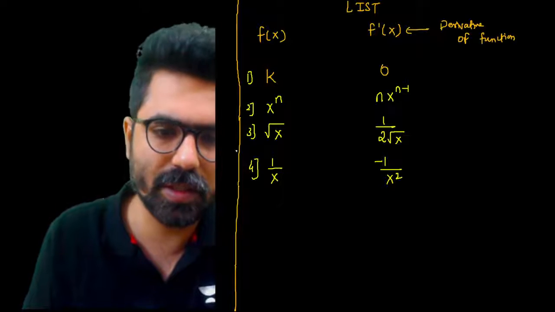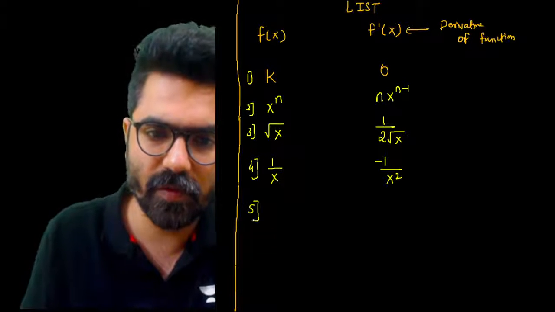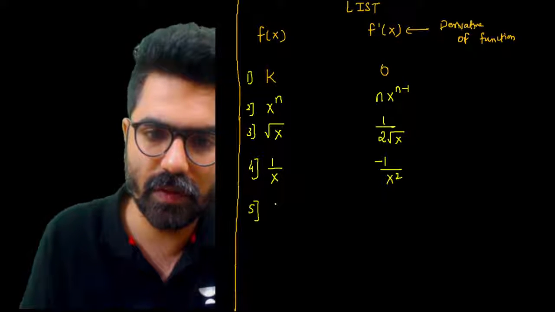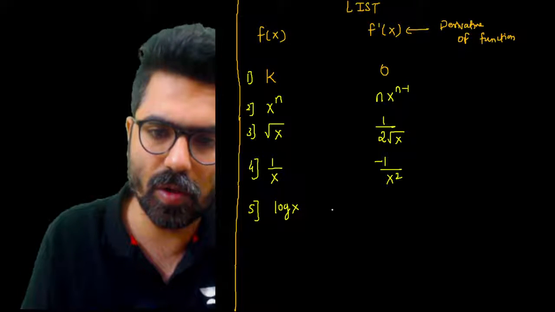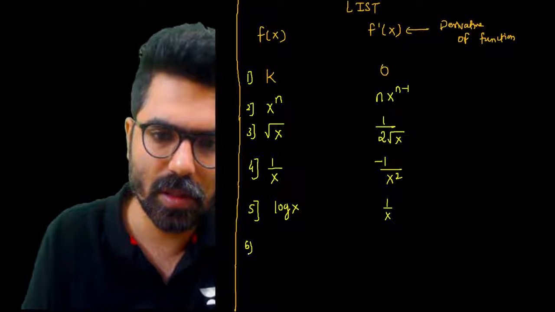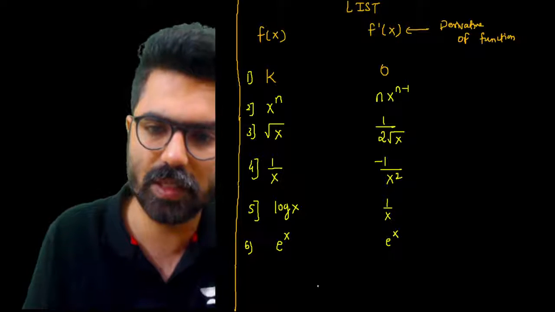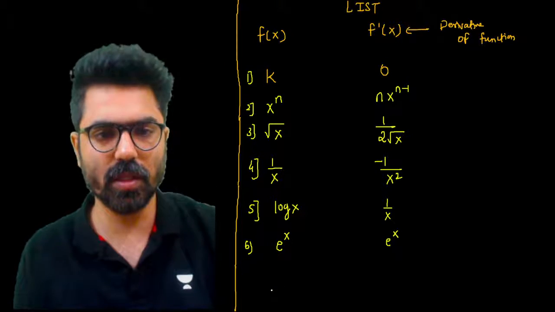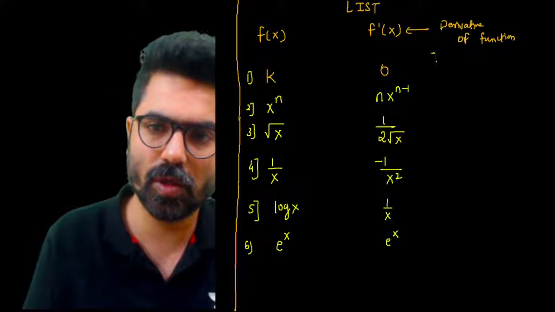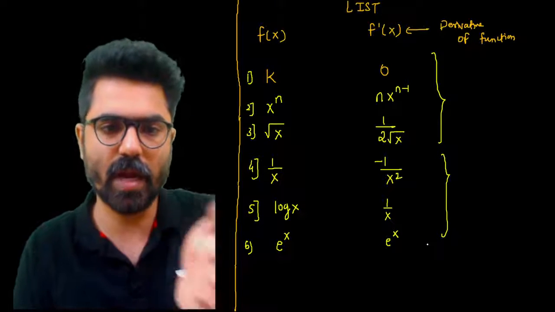This is not a formula, that's a basic thing. Along with that, the fifth one: the derivative of log x is 1 by x. And the sixth one: the derivative of e power x is the same, e power x. If you're watching this video, please note down the entire list. I'll wait for a minute, and then we'll add a few more formulas.